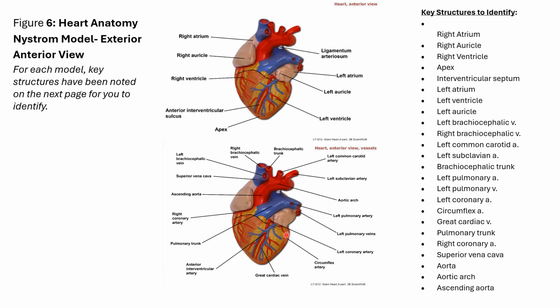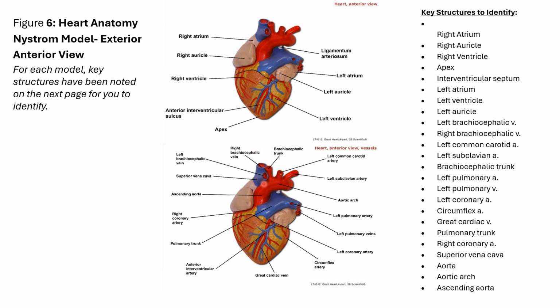Over here is the left coronary artery, anterior interventricular artery. On the right side, we had the right coronary artery. And you can see these reddish ones are the pulmonary veins, right and left pulmonary vein. And this is the pulmonary trunk, which divides into right and left pulmonary arteries.